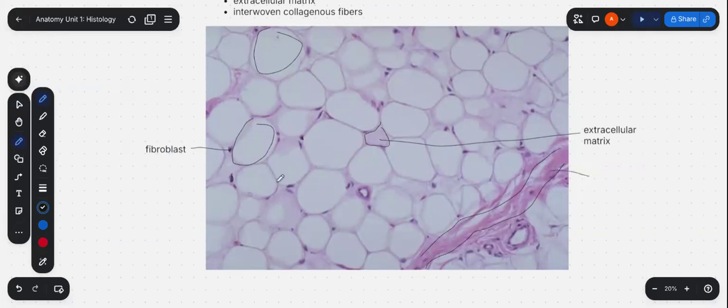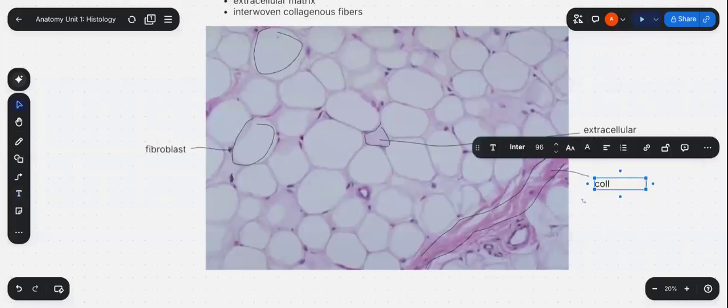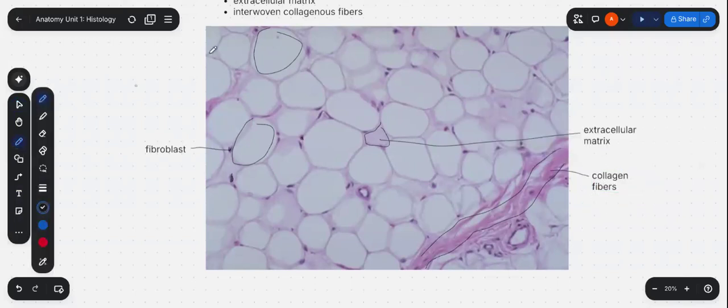This is your collagen fibers. Collagen fibers over here. And you can also see more collagen fibers on the other side of this picture. Over here are also some collagen fibers.